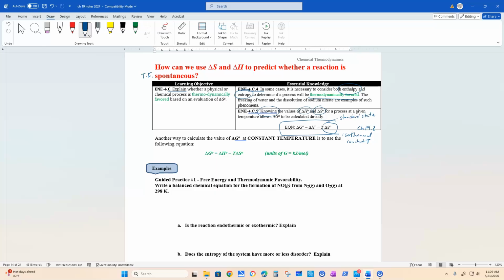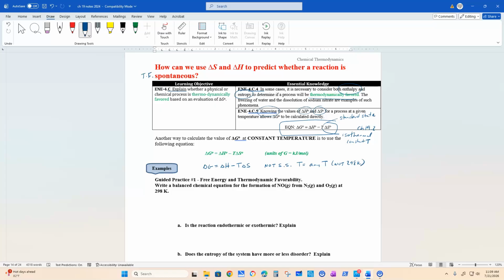We can also use this calculation when it's not standard state. So delta G, delta H, T, delta S, if it's not standard state, that just means the temperature is any temperature, but not 298.